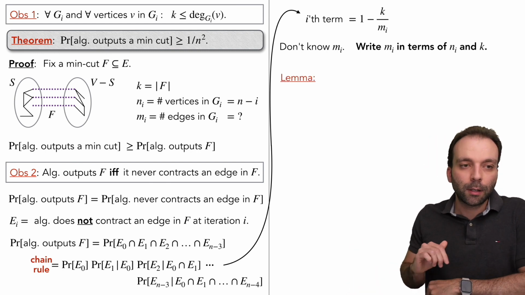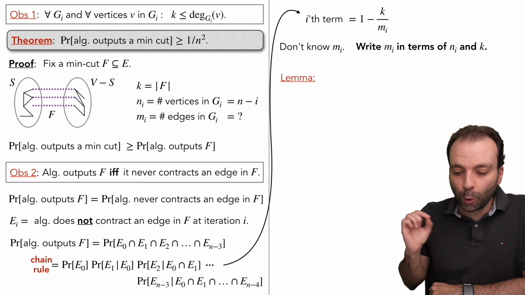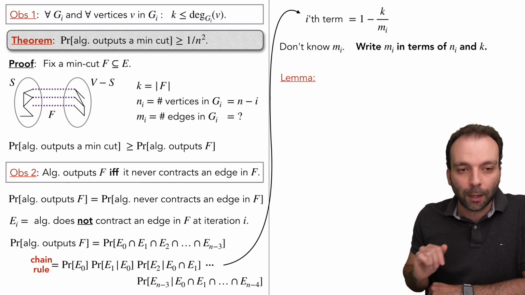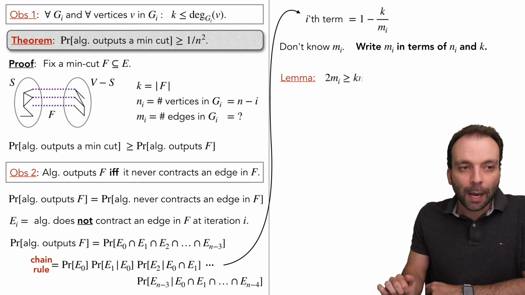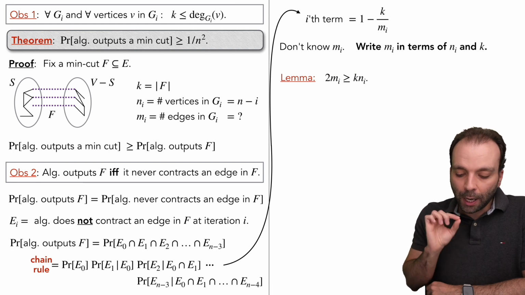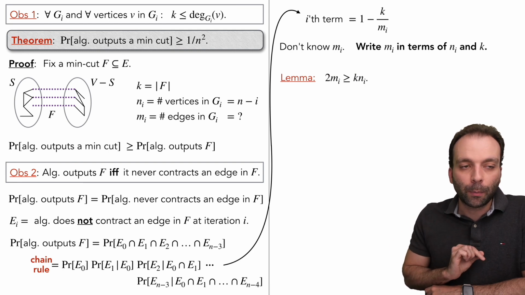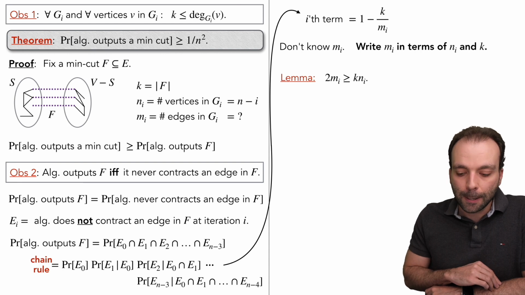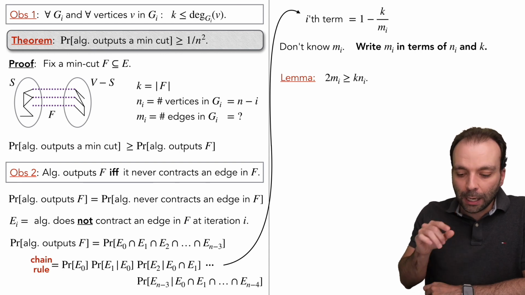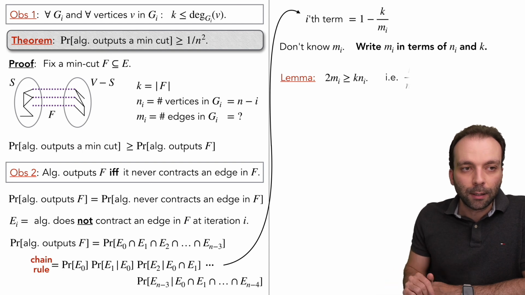Let's do that. Here's the lemma that we're going to use, and we're going to prove this using the handshake lemma. My claim to you is that 2 times m sub i is lower bounded by k times n sub i. And maybe you already see the proof here. But before I tell you the proof, let me just rewrite this.